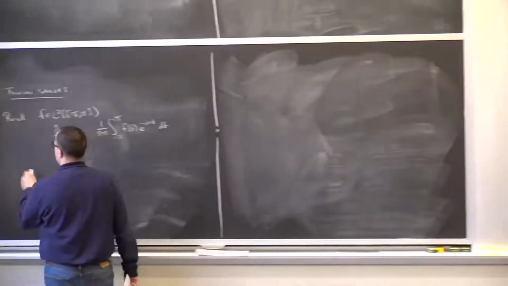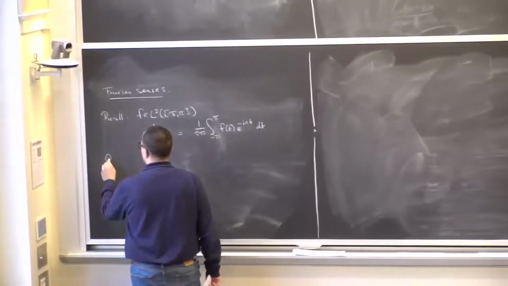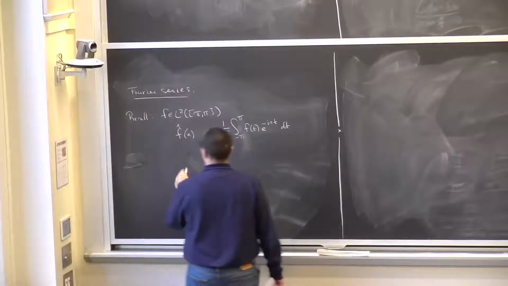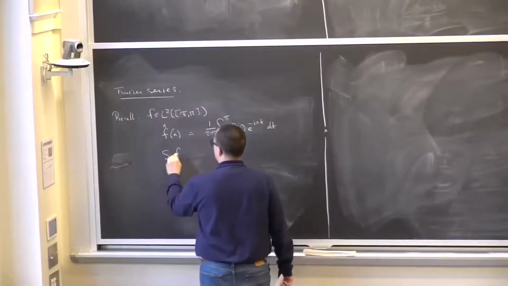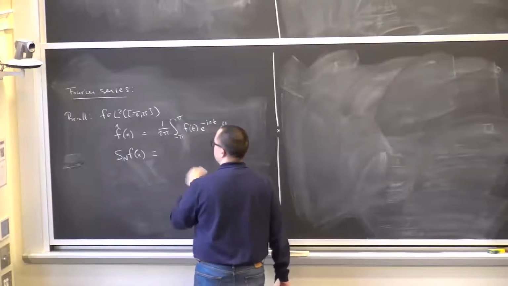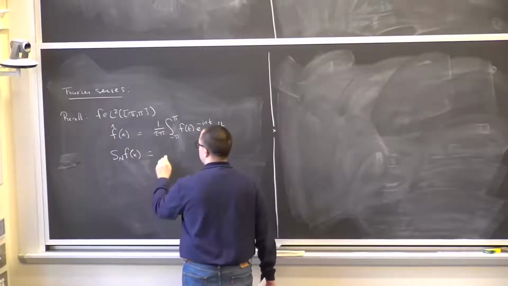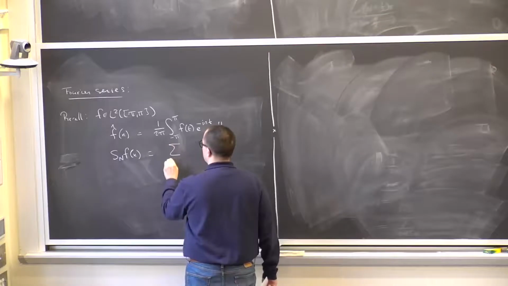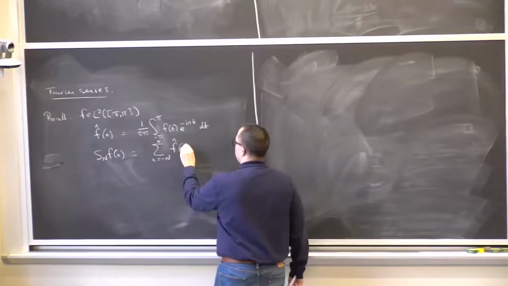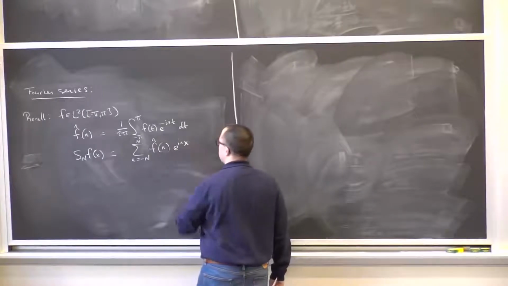And we also had that the Nth partial sum for the Fourier series associated to f was given by the sum from n equals minus N to N of f hat of n e to the i n x.